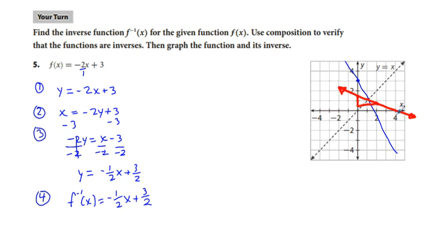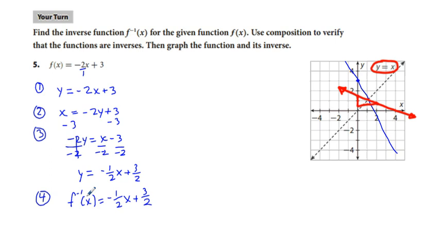Okay. Now I hope you can make out that this blue line and this red line are reflections of each other about this dashed line, y equals x. And so this reflection about the line y equals x is a graphical demonstration of an inverse of a function.